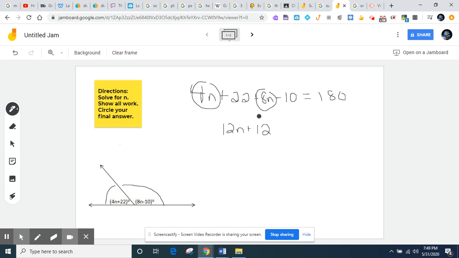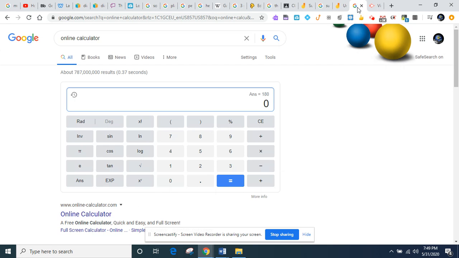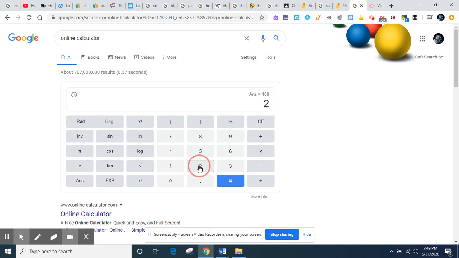Now, if you're not strong with your subtraction, what I would advise you to do for the 22 minus 10 is to open up your online calculator. You can just do a Google search, as I did, and this is just a Google online calculator. We could have done 22 minus 10 and see that that's equal to 12, okay?